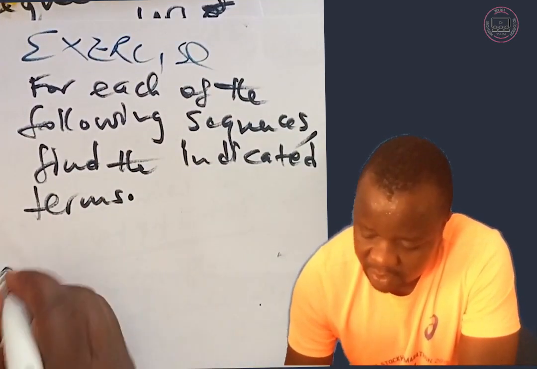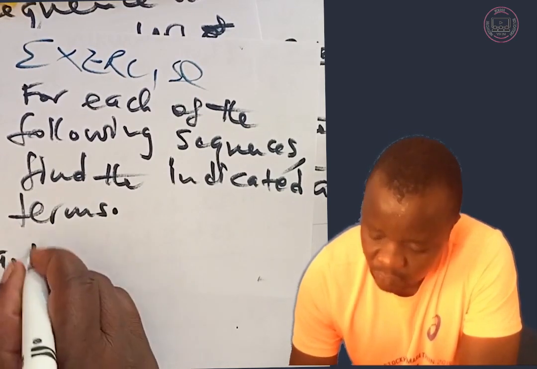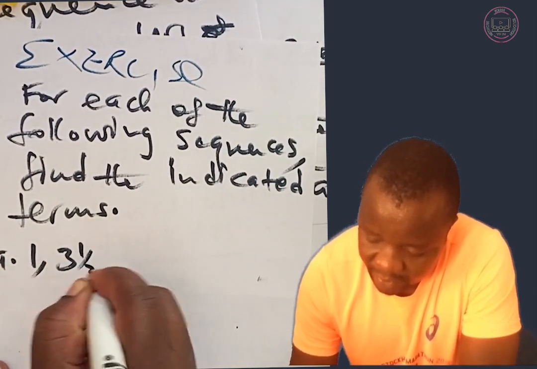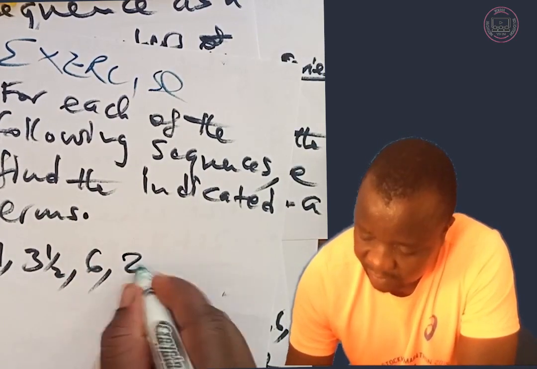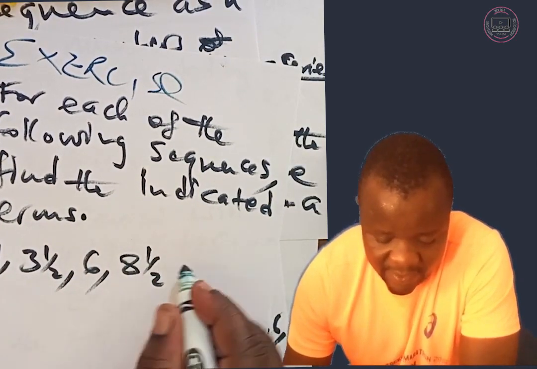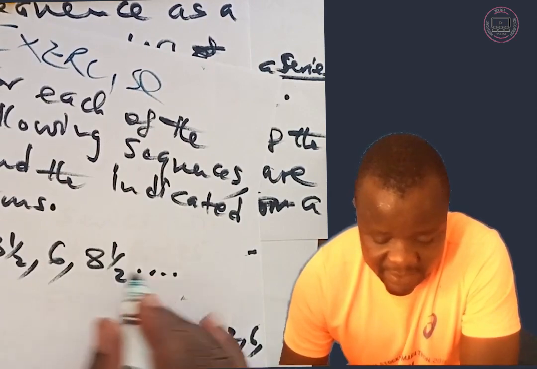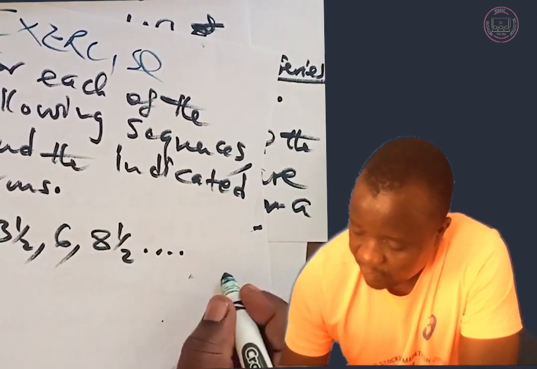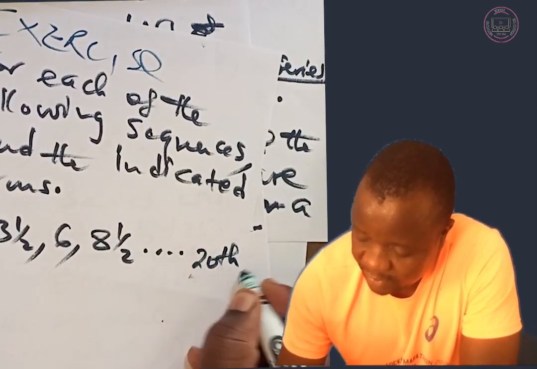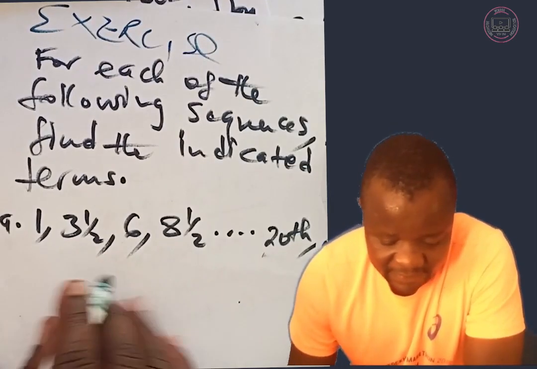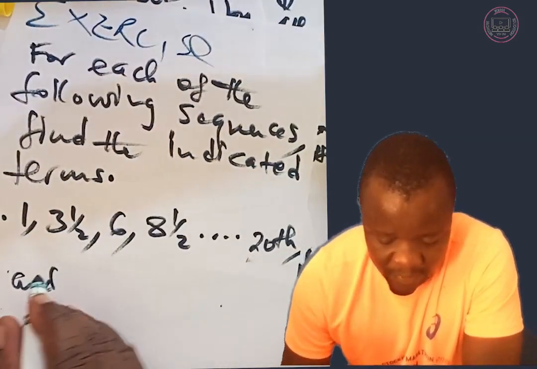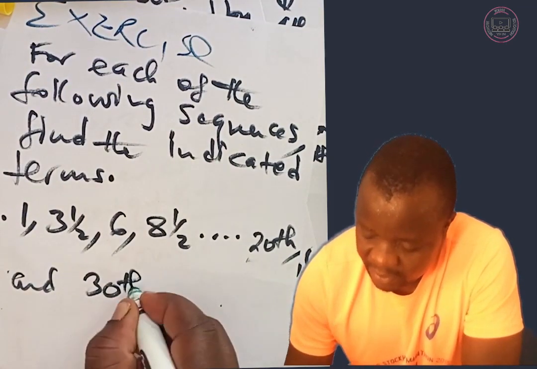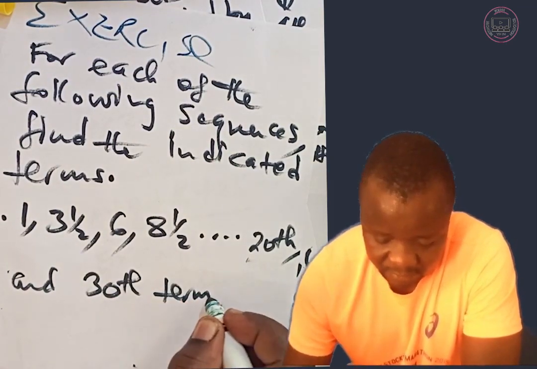The first one, we have 1, 3.5, 6, 8.5. Here we are finding the 20th, and we have to find the 30th terms.